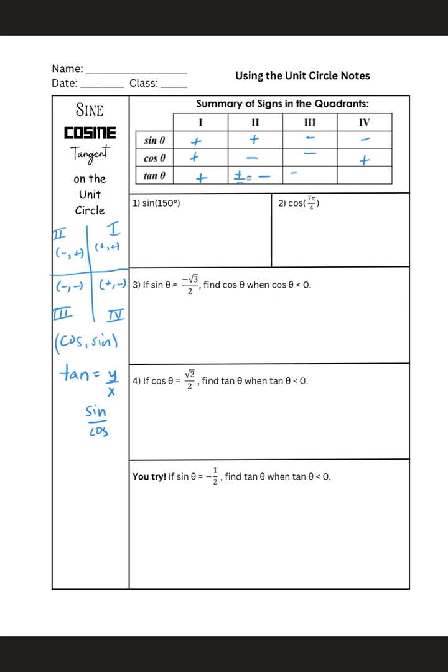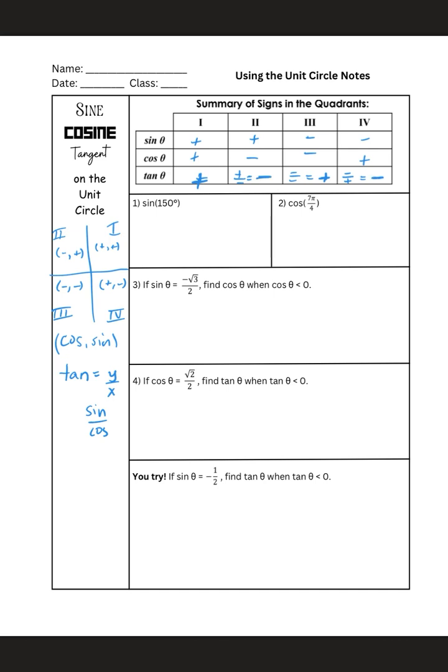If they're both negative, it's going to give us a positive value. And if one is negative and one is positive, that's going to give us a negative value again. So tangent is positive in the first and third quadrants, and negative in the second and fourth quadrants.